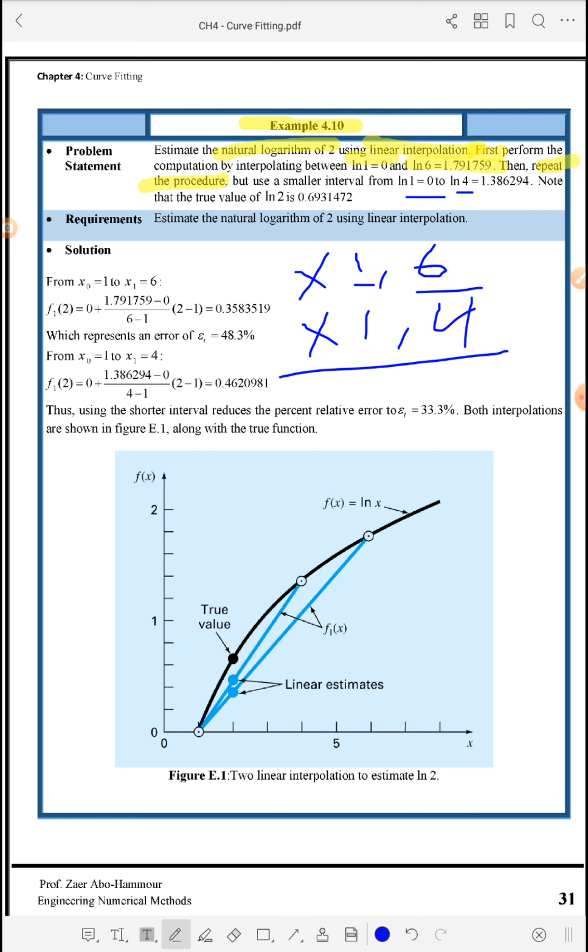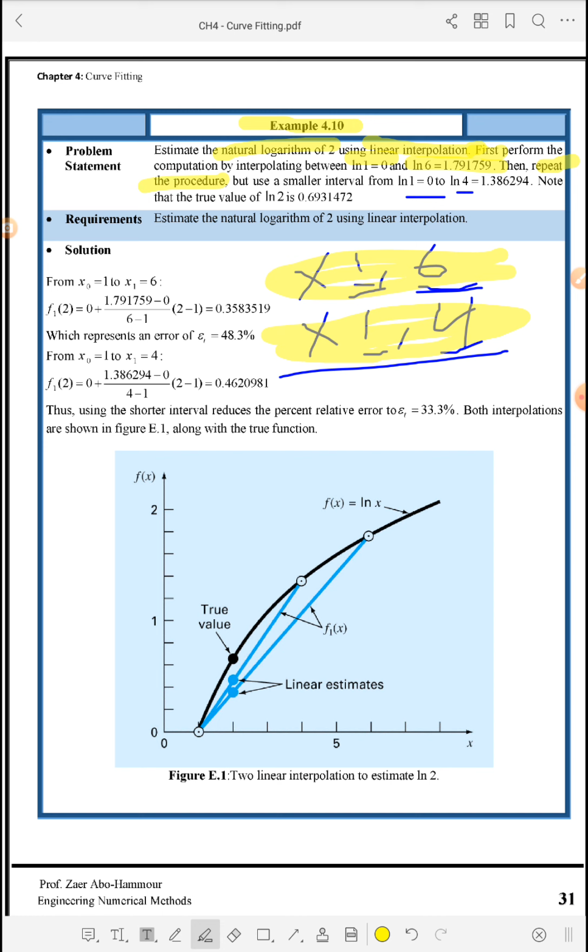So in the second case, x naught is equal to 1 while x1 is equal to 4. In the first case, x naught is equal to 1 while x1 is equal to 6. So we can tell that the linear interpolation based on this, since it's closer, will be a better approximation than the linear interpolation for the first case.